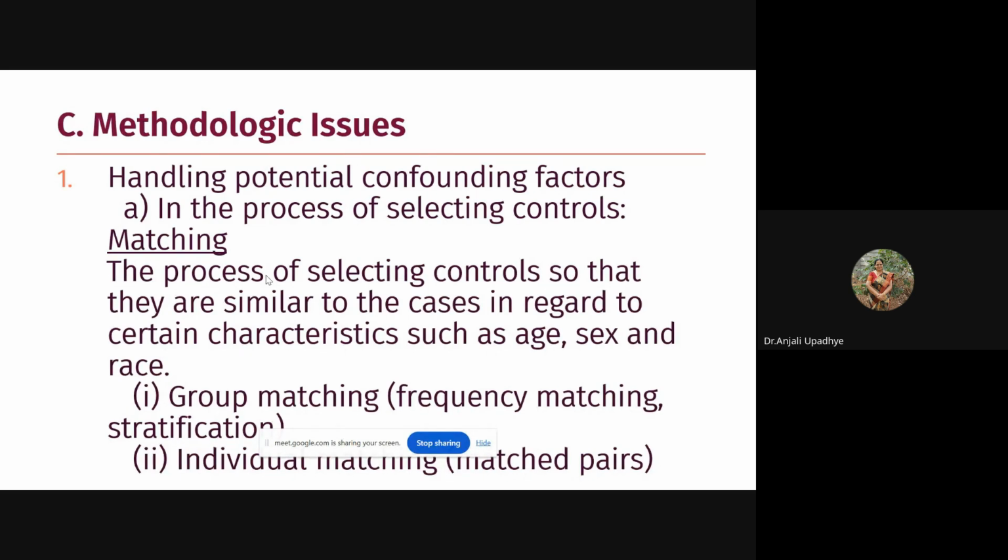Whenever we select the samples or the controls, they should be in a matching age group. For the menopausal group, a matching age group should be there. We cannot take any age group for the study of menopause. It is not possible. So the matching control should be there whenever we have the study.